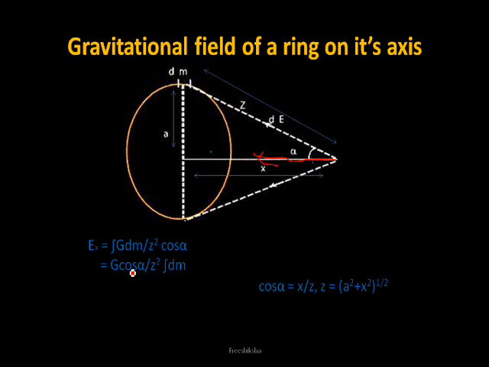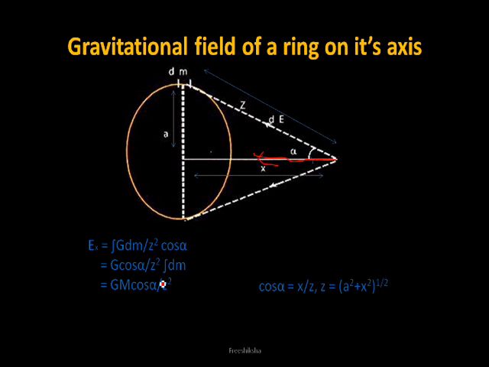Cos theta is outside the integral, so that will come out to be G cos theta upon z square integral of dm, and we know that can be written as G M cos theta upon z square, because the integration of dm is capital M, the mass of the whole ring. And we know that cos theta is nothing but x upon z, and z by Pythagoras theorem is equal to the square root of a square plus x square.